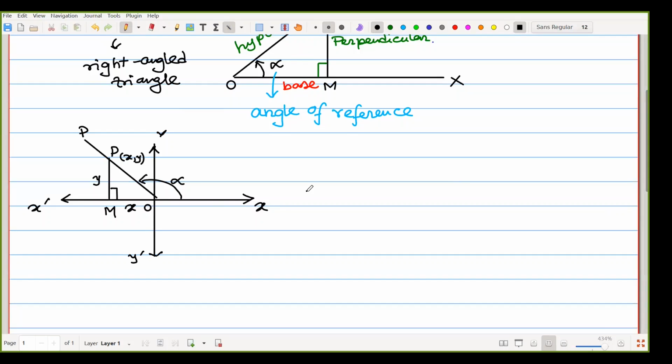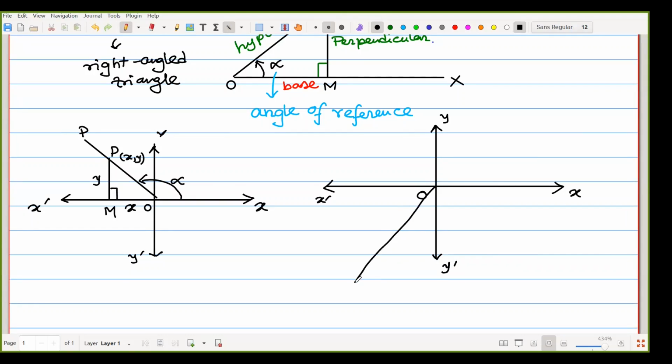Another one, suppose it may be like that. X, O, Y, X dash, Y dash. Now it may be like that. P is here, M is here.